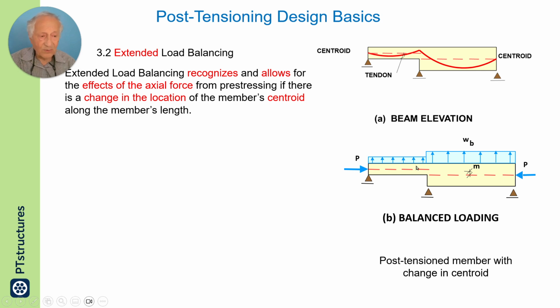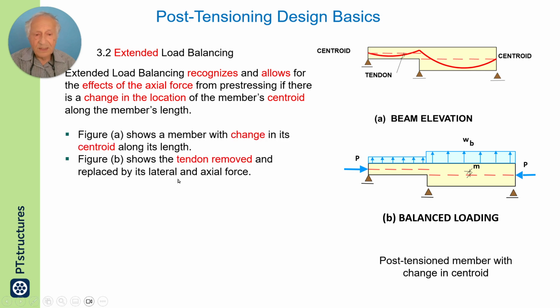So this lack of alignment results in a bending moment in the member. This contradicts the primary assumption of simple load balancing, that the bending is separated from the axial.